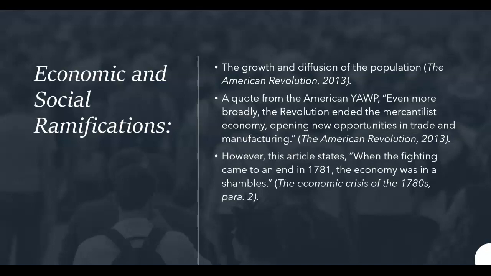So the economy was heavily damaged during the Revolutionary War. However, it was then able to grow freely without the restrictions of the British. Immediately following the war, there was almost like a depression in the economy, but then it grew and it boomed and became the economy we know today.